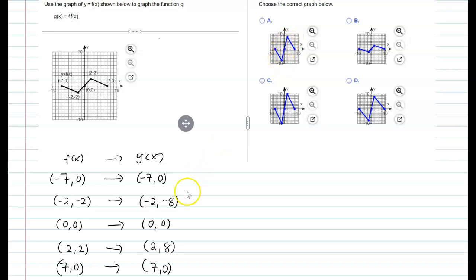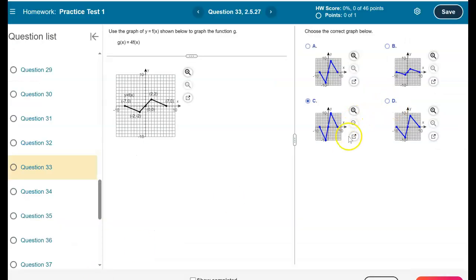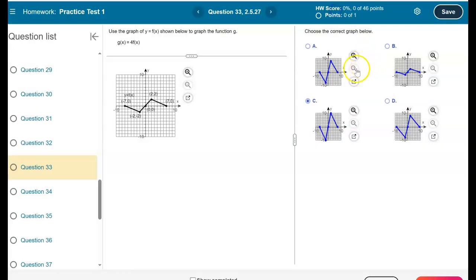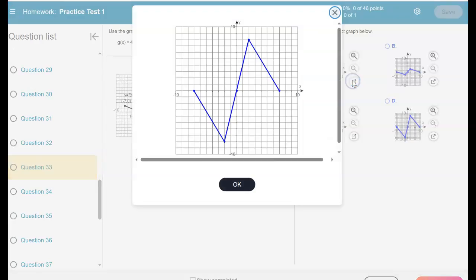So we are looking at negative 2, negative 8. Let's look at the graph. Here, negative 2, so this is negative 10. Not that one. What about here? That's the right one.